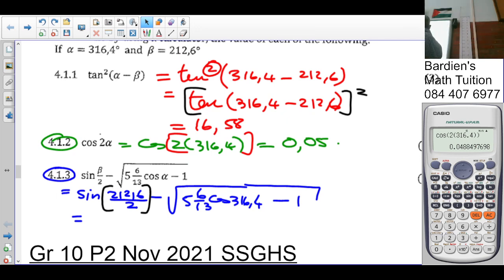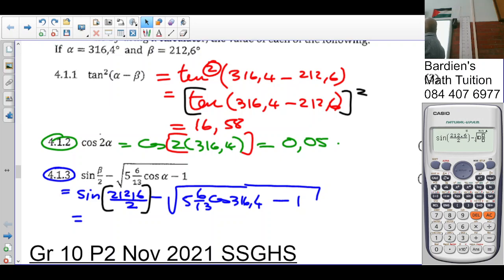So that is going to be sine fraction 212.6 over 2, close that bracket, minus the square root of, that's a mixed fraction. How do I activate the mixed fraction?